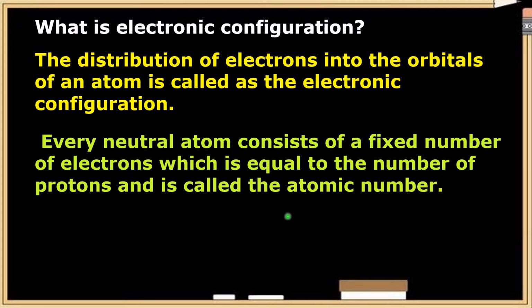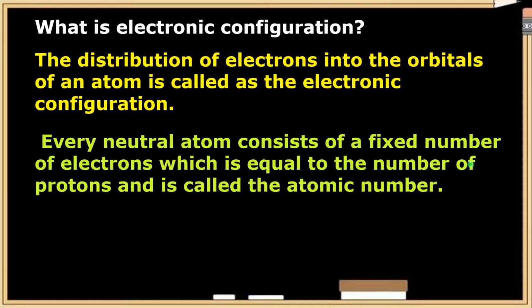So while writing the electronic configurations, first we need to know what is atomic number. The atomic number is nothing but the number of protons present in the nucleus of an atom, or the number of electrons revolving around the nucleus in case of a neutral atom.